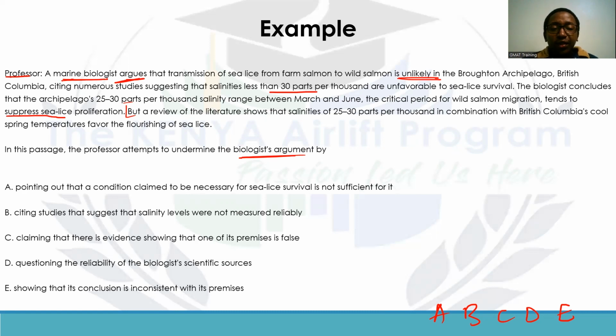And then the professor's view is that a review of the literature shows that these salinities, 25 to 30, which of course includes less than 30 parts per thousand, in combination with British Columbia's cool spring temperature, favor the flourishing of sea lice.